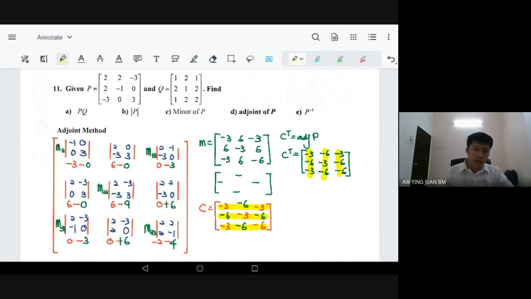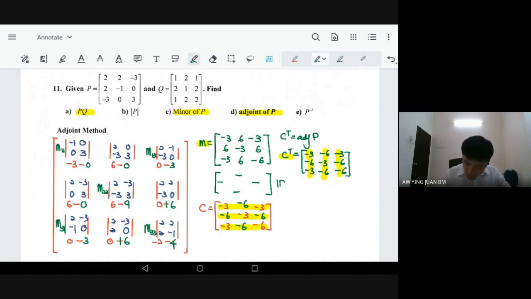Referring to the situation, we already settled the PQ equals to 3I. The minor we have in here, and then the adjoint of P we have in here, C transpose. Next is to find the determinant of P. My suggestion is to select the second row.